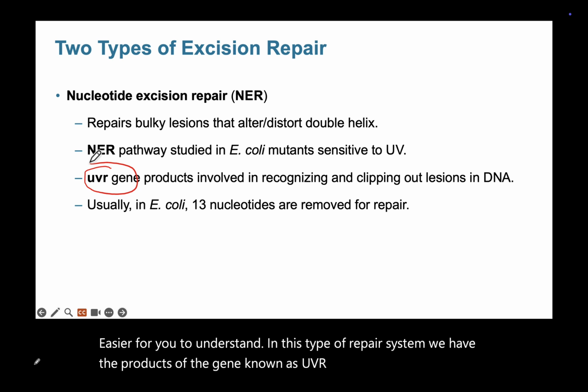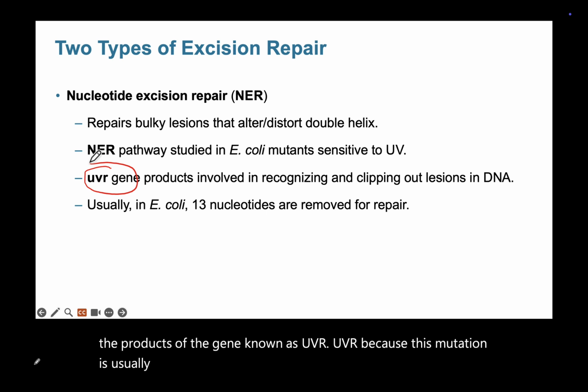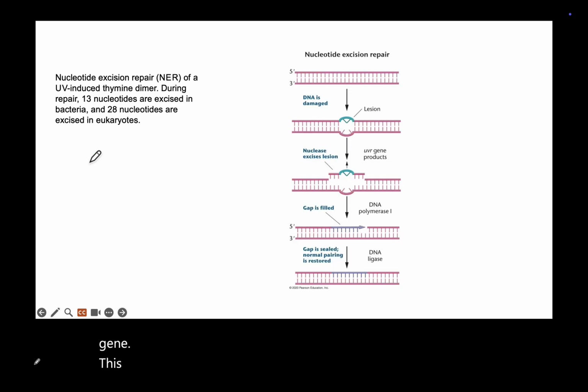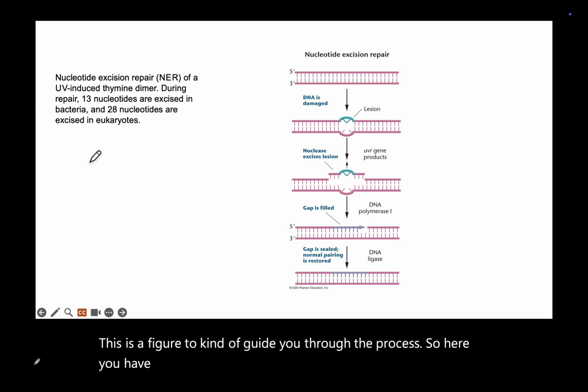UVR because this mutation is usually associated with UV light. Okay? So we give the gene that is involved in the repair of the lesion the name of UVR gene. This is a figure to guide you through the process. So here you have a damage to the DNA that, for instance, can be caused by UV light.